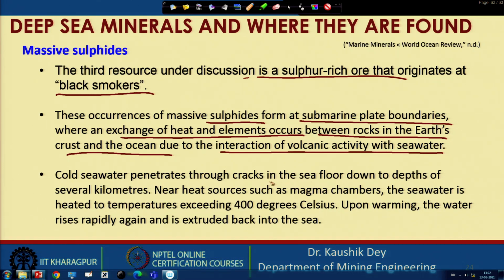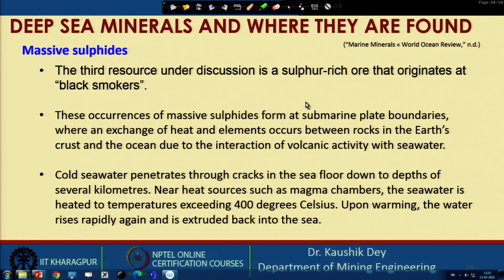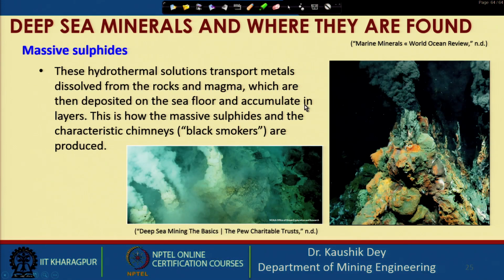These are also found at a depth of several kilometers, where magma has come out from the chamber at a temperature exceeding 400 degrees Celsius. In those cases, these black smokers occur, in which massive sulphides are expected. And these are the photographs of the black smokers.